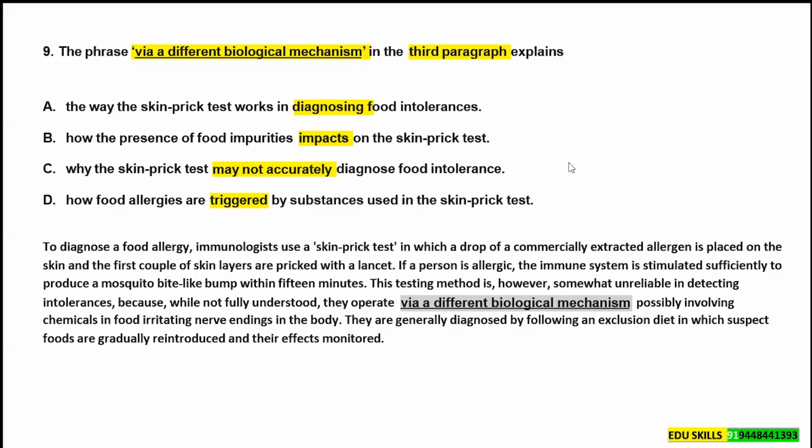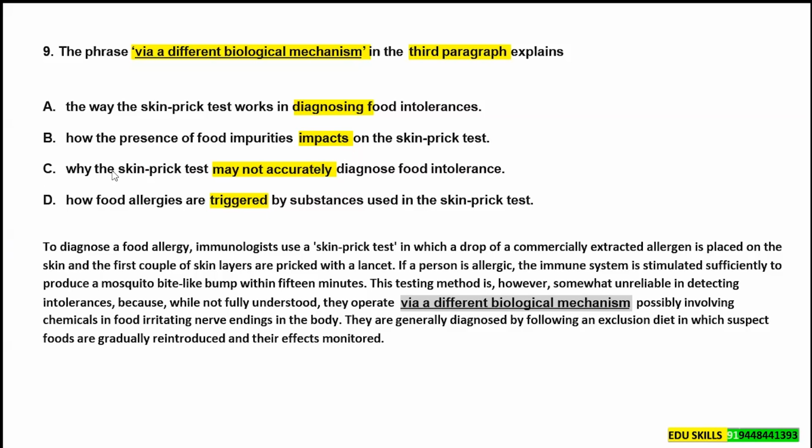So, നമ്മളിപ്പം text വായിച്ചു. Next, answer options നോക്കാം. Answer option A. The way the skin prick test works in diagnosing food intolerances. The keyword taken is diagnosing. Next, answer option B. How the presence of food impurities impacts on the skin prick test. With a keyword impact ആണ്.